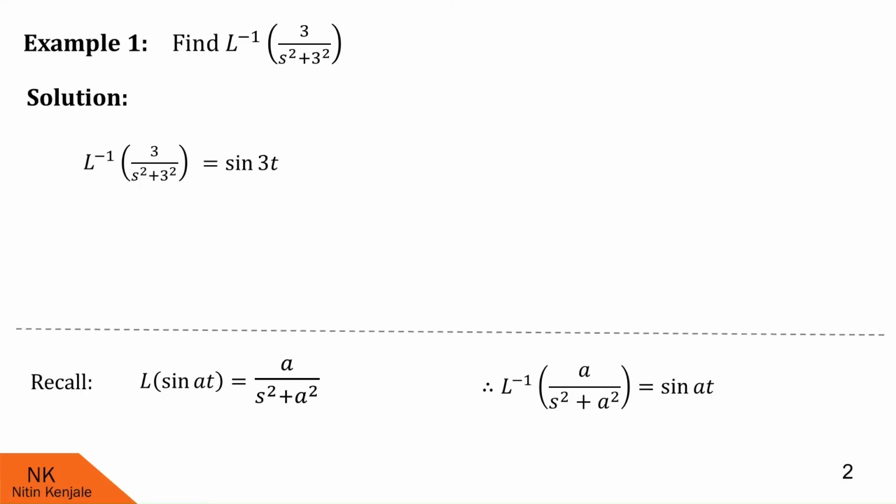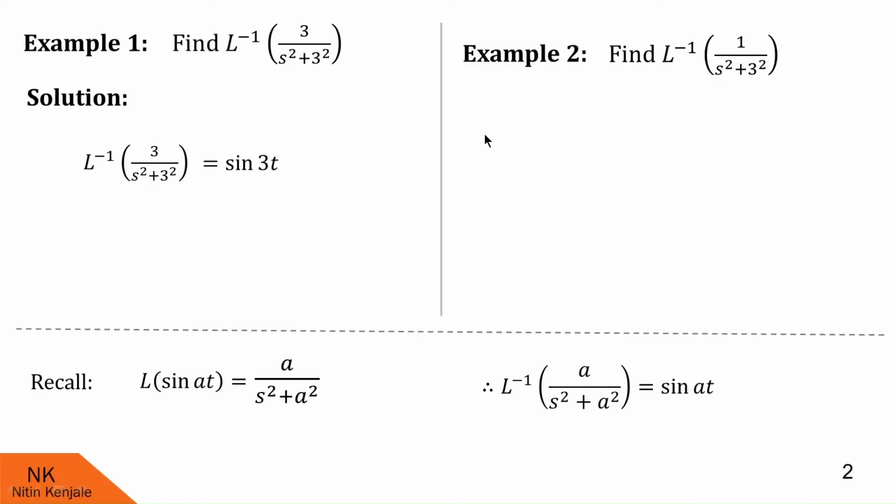Now let me increase the difficulty level in example number 2 by removing this 3 from the numerator of this function. Here in this example, I ask you to find L inverse of 1 upon s square plus 3 square. Now it is clearly seen that since this 3 is not there in the numerator, L inverse of this function cannot be directly written as sin 3t.